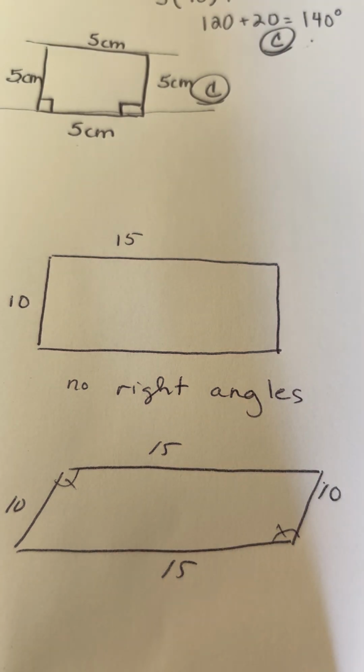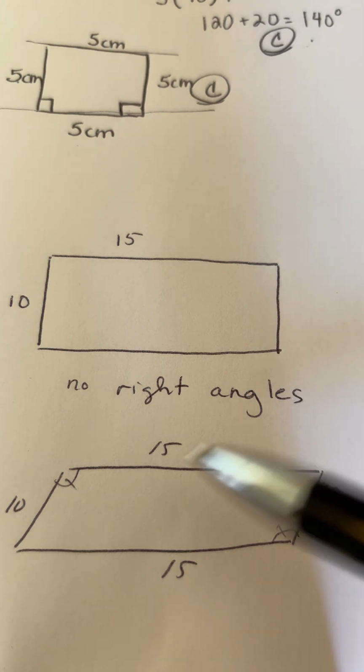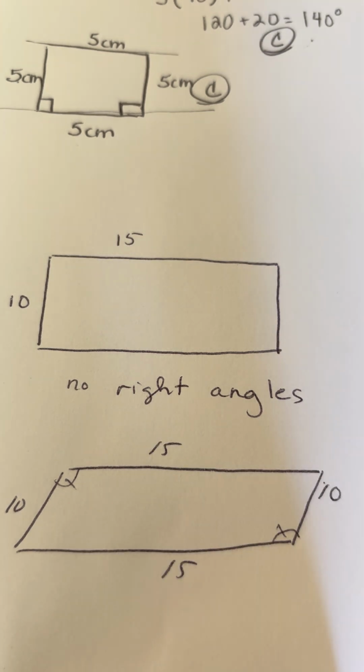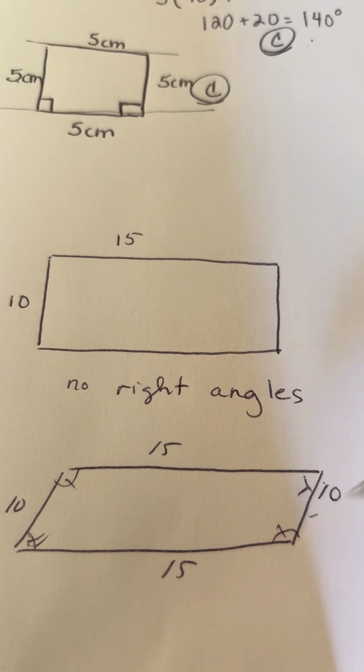So therefore, it's a parallelogram. It's not a trapezoid because it is a parallelogram. It has 2 opposite sides that are parallel, because if these 2 angles are equal, that makes these 2 lines parallel. So it is going to be C, a parallelogram.